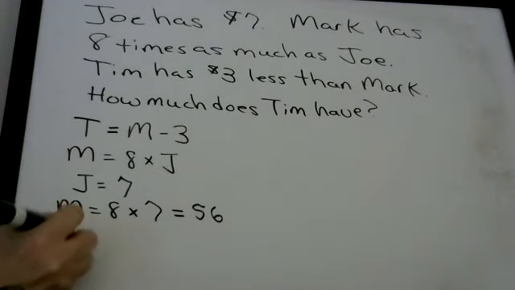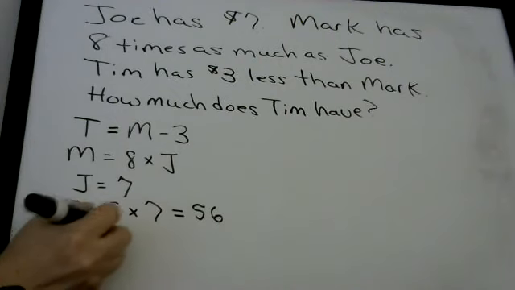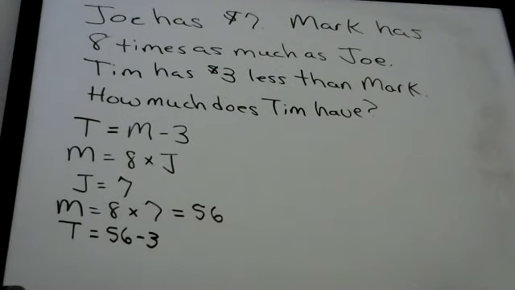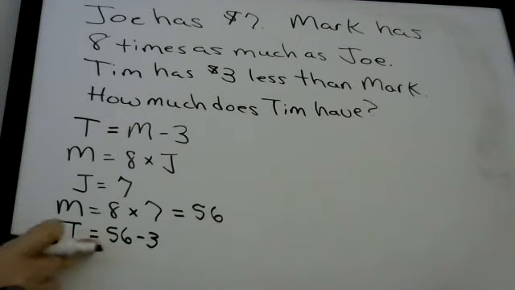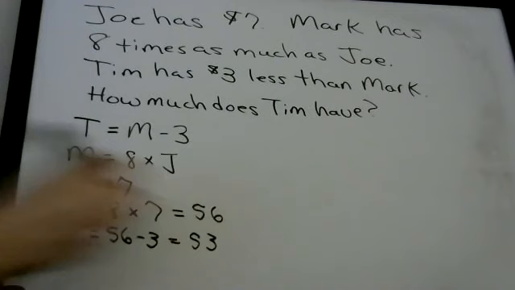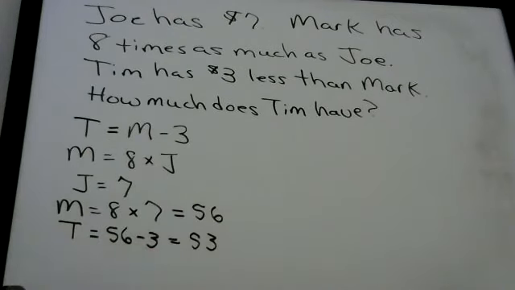M equals 56, so we plug it in: 56 minus 3. T equals 56 minus 3 equals 53. So how much money does Tim have? $53. Just write it out step by step, knowing how to set up these algebra problems, and then you can solve them fairly easily.